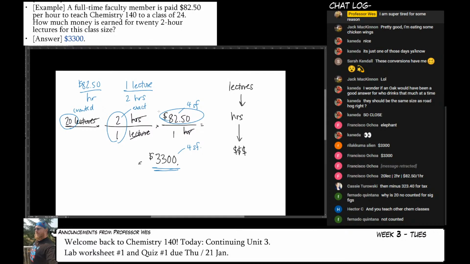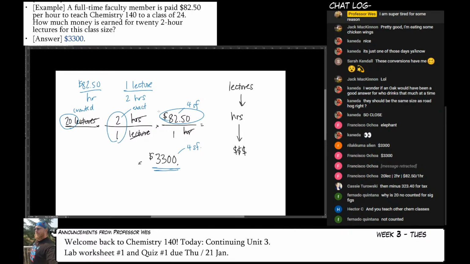So faculty don't get paid that much, it turns out. If you want the big bucks, don't teach. I happen to really like teaching a lot. This is the only job I could ever see myself doing. But I don't do it for the money, that's for sure.